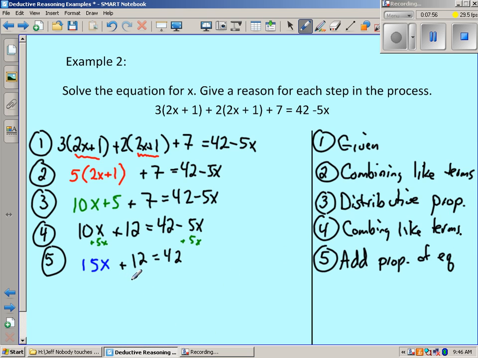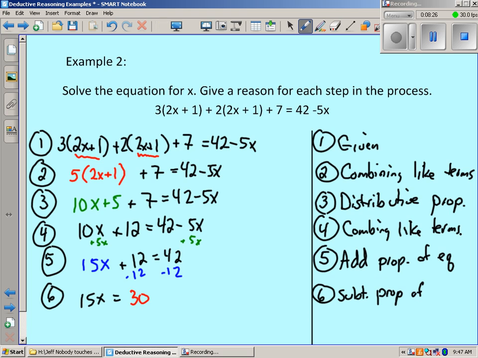And so by subtracting 12 across, not 12x, just 12 across the equal sign to get my like terms together and try to isolate the x's, I end up with, for step 6, 15x equals 30. And so for step 6, I did a subtraction property of equality.